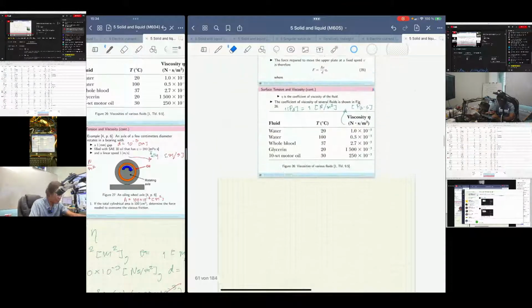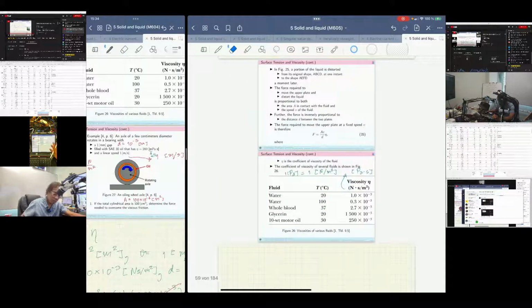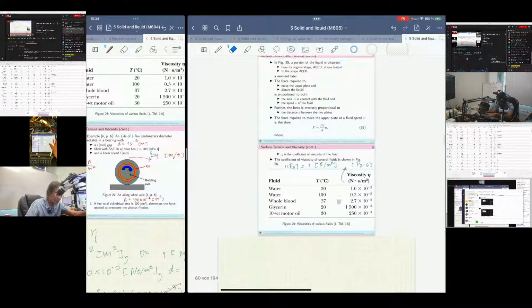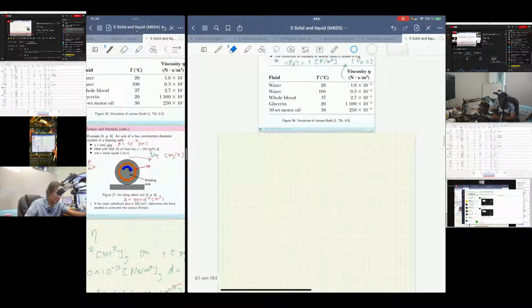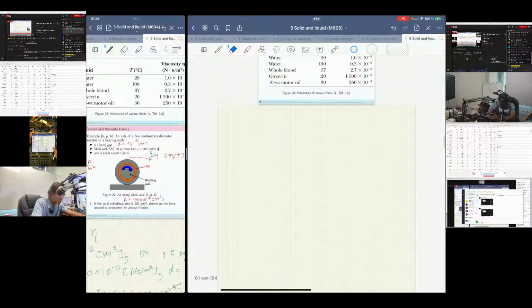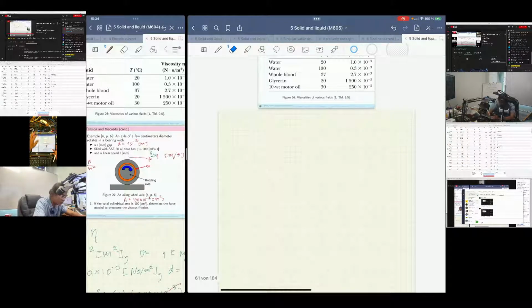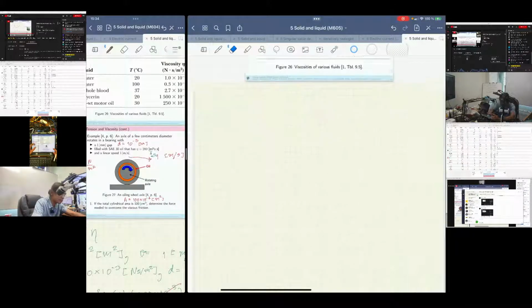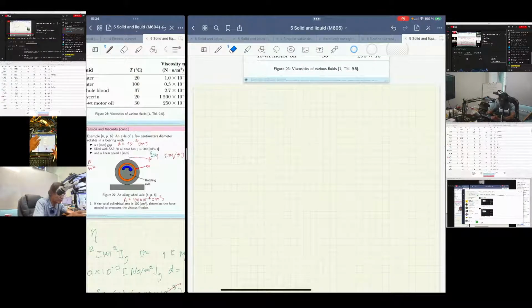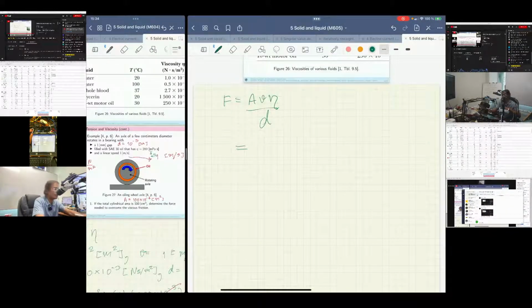Yeah, we have to apply this formula, right? F equals A V eta by D. We're going to need that formula. And what is A? A is the area.